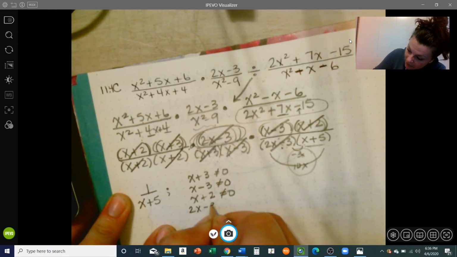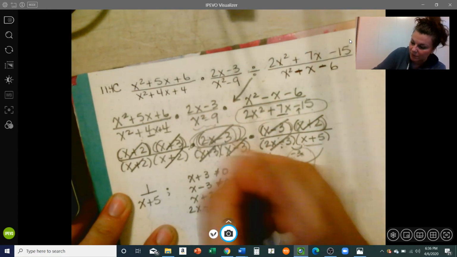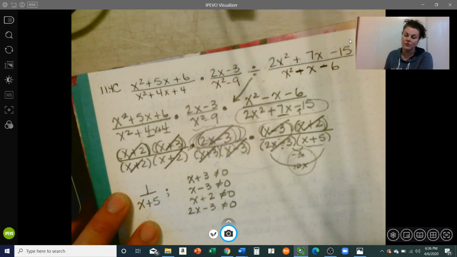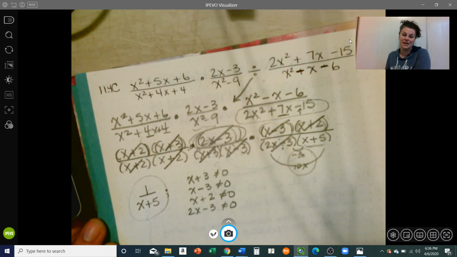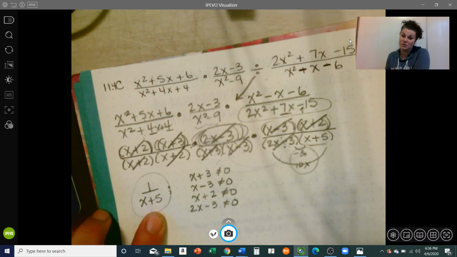And 2x minus 3 cannot equal 0 because I canceled that out. Everything else, there's not really much else. This is all that's left that didn't get canceled. And so all a person needs to do is look, and they know that x can't be negative 5.